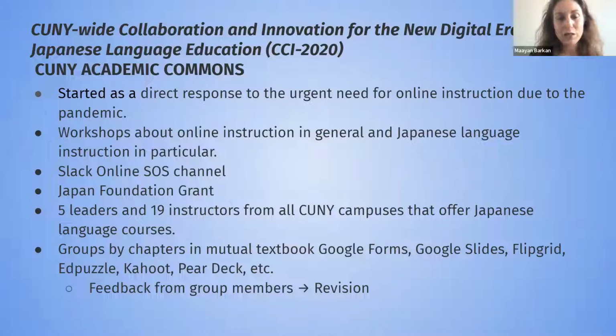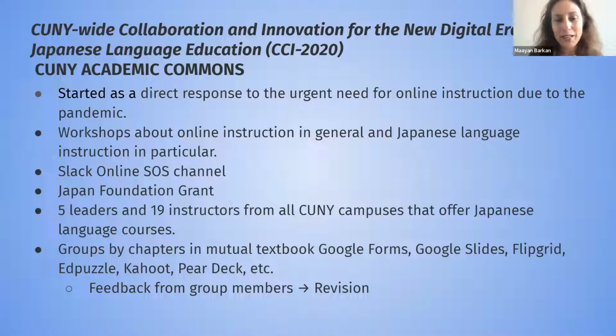And we divided ourselves into groups. Luckily, we were all teaching from the same textbook, which is called Genki. So the first group is Genki chapters 1 to 3, the second group 4 to 6, and that's how we managed in small groups.